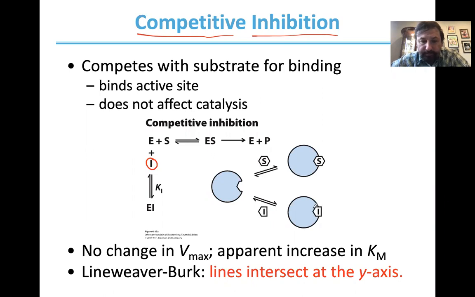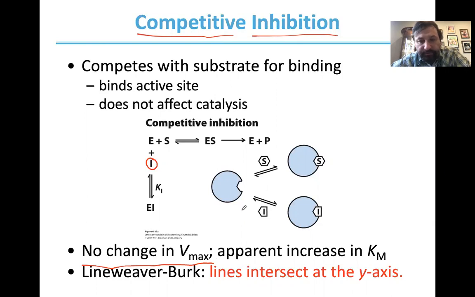What we will notice is that when this happens, there will be no change in the Vmax. This is one of the key observations. If your inhibitor competes with a substrate and it's a competitive reversible inhibition, then the maximum rate will not be affected.